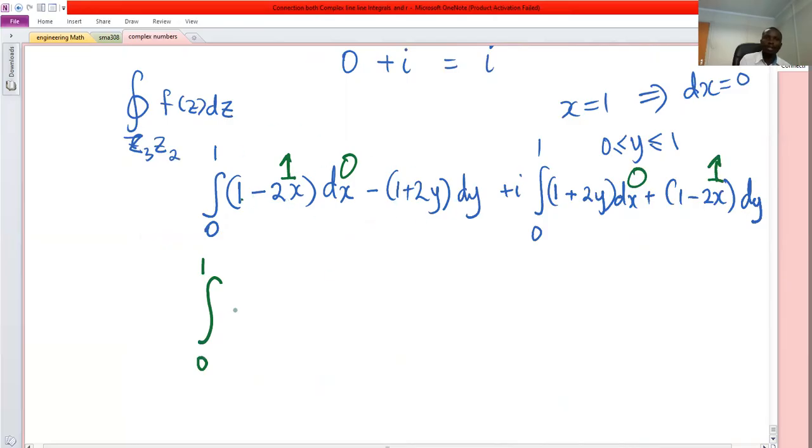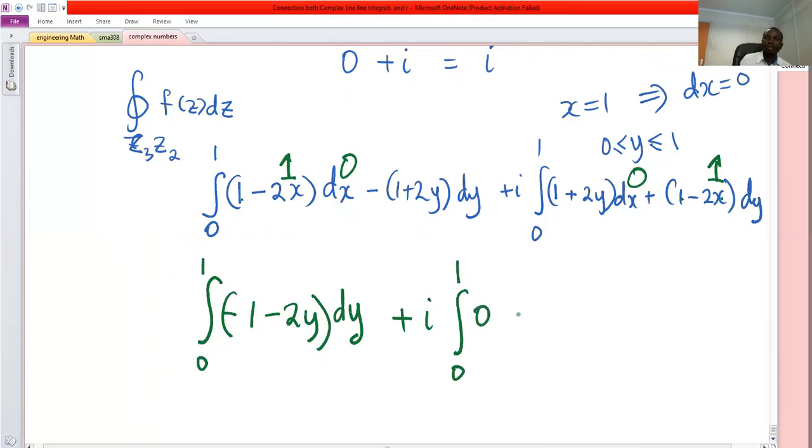This other one will give us the integral of minus 1 minus 2y dy, and then plus i times the integral from 0 to 1, where 1 minus 1 gives us 0, so this will just be 0 dy. So actually this is going to be 0.